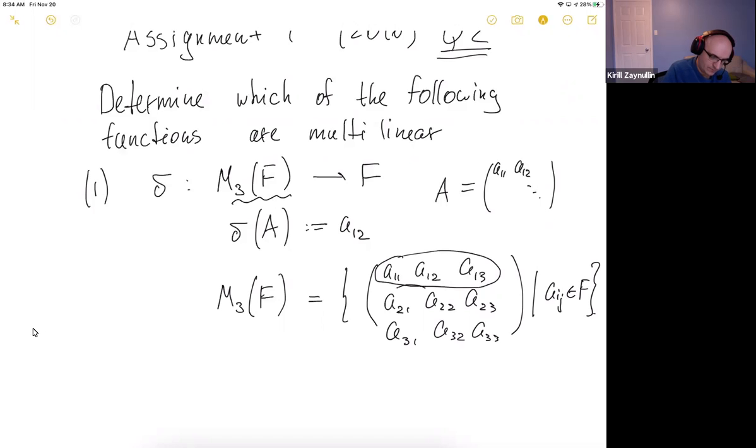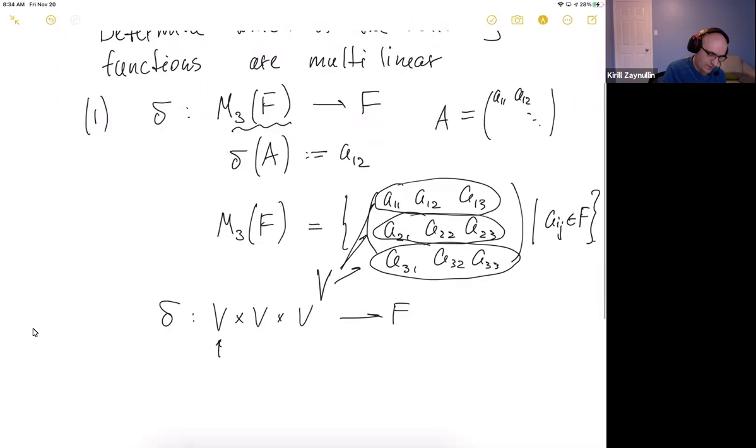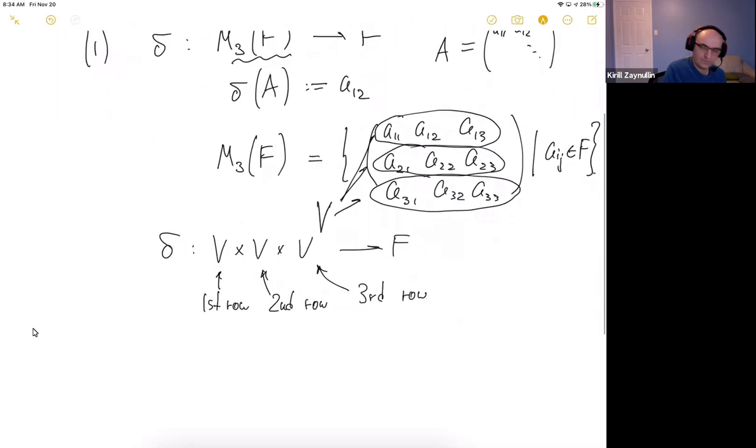The first, the second, and the third rows, and each of those rows is a copy of our V. So indeed, one may think of delta as a map from V times V times V to F, where this is the first row, the second row, and the third row.